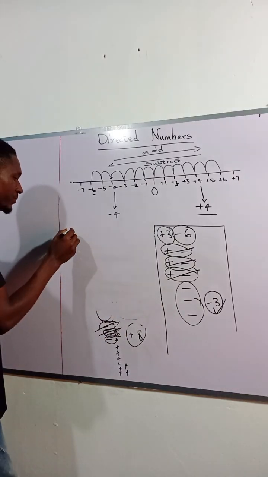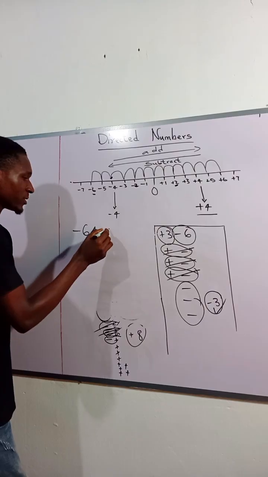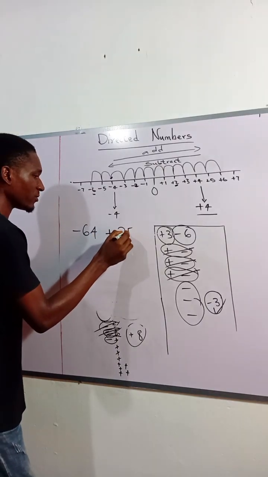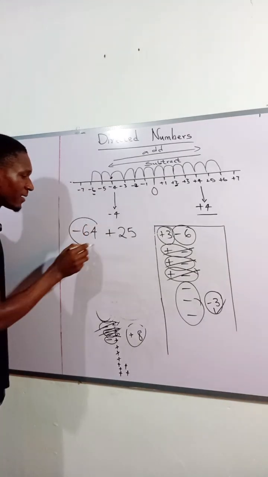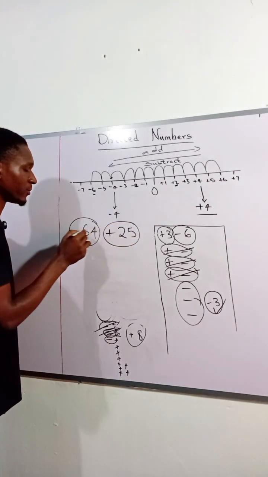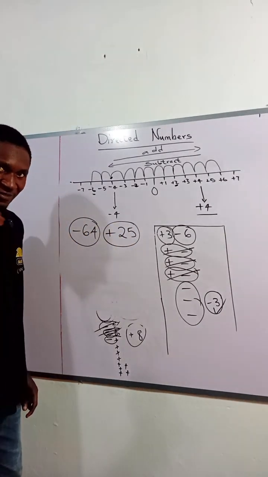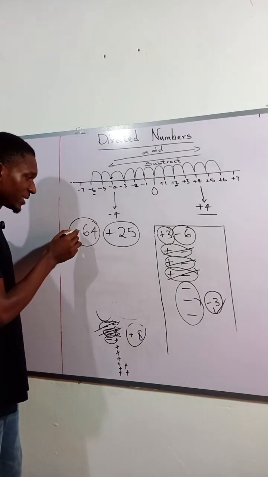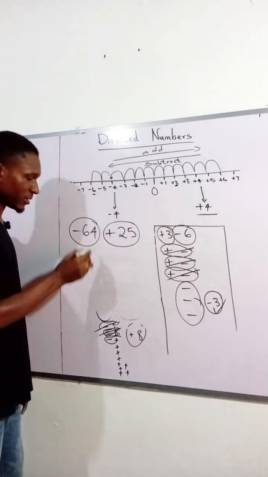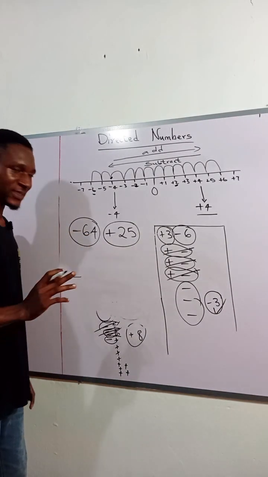For example, if I want to solve minus 64 and plus 25, since they are having different symbols, your answer is going to carry the symbol that have the biggest number. So since negative is the one that have the biggest number, just know your answer is going to be negative.